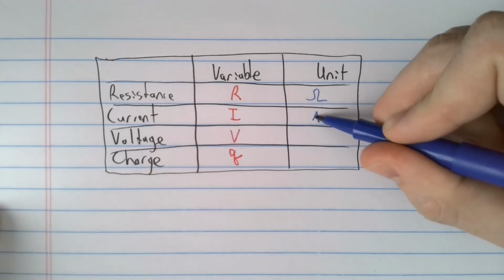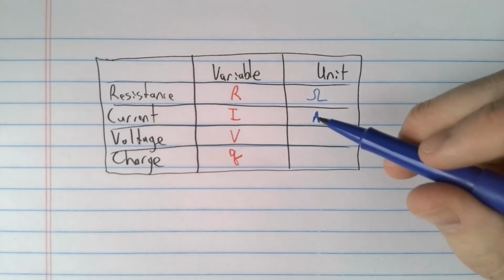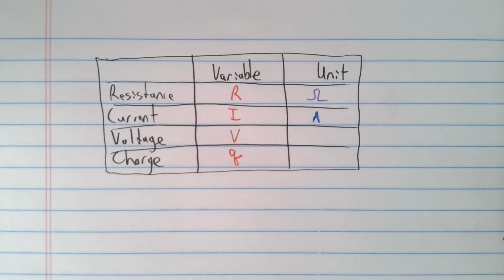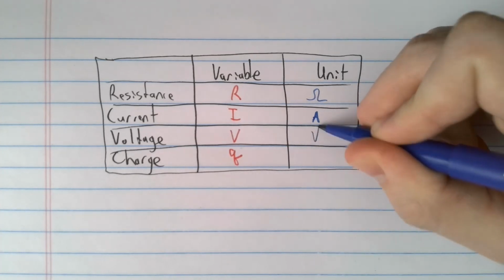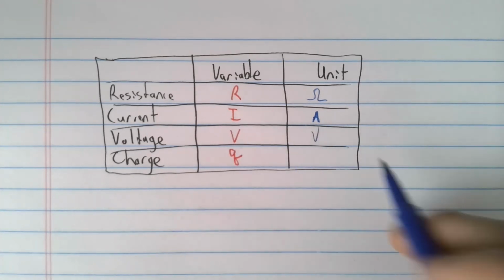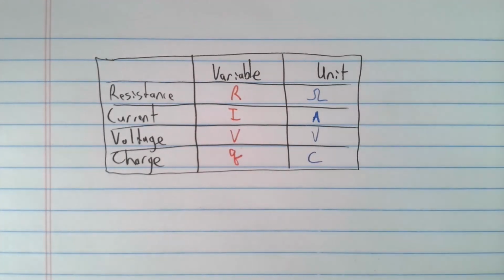Current is measured in amps. This is kind of like the amount of power, but we'll get more to power later. Voltage is also related to power. Cool thing about voltage is the unit and variable are the same, and the unit for charge is C.